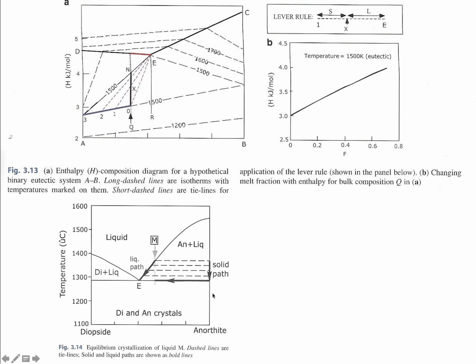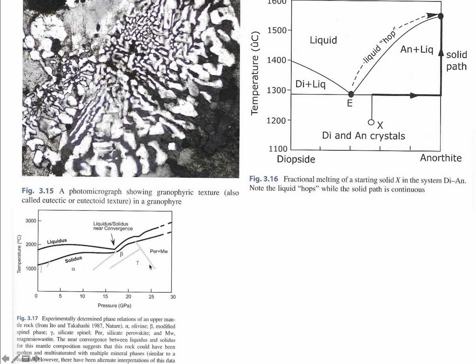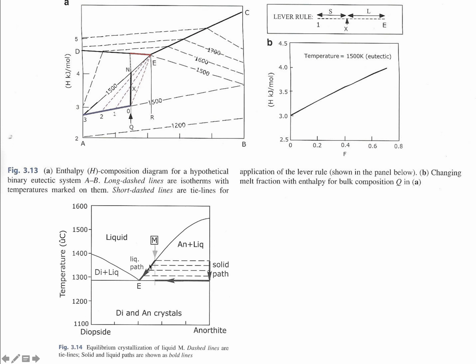Going again down to our melt diagrams, here in the system diopside and anorthite, we are going down with our melt to our eutectic point. That is our liquid path, and here we will then start to crystallize.